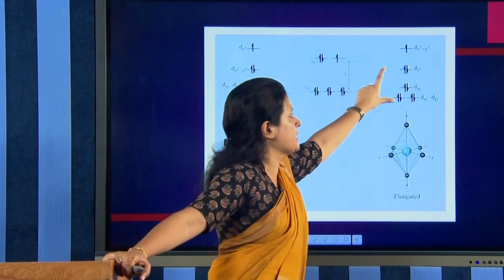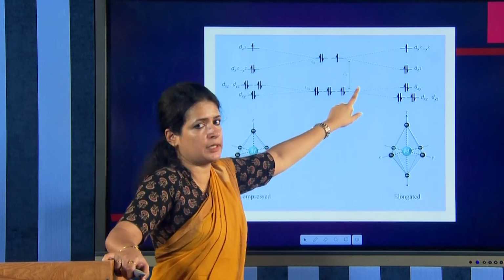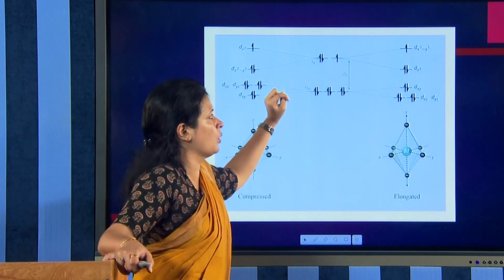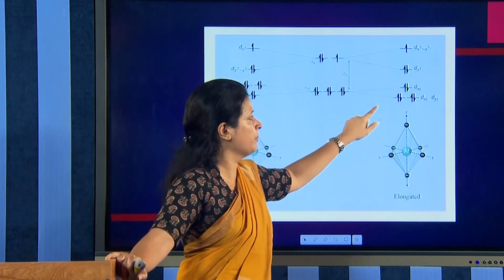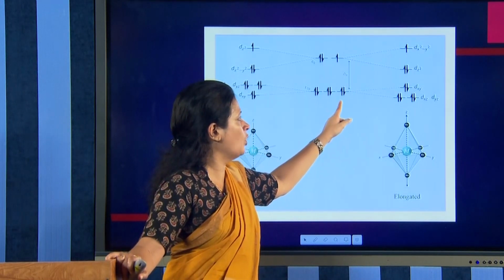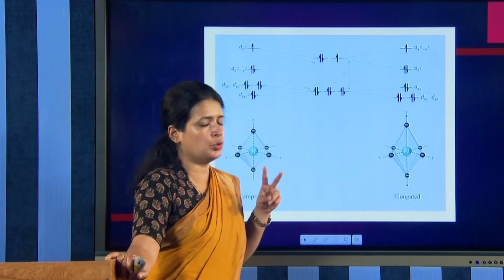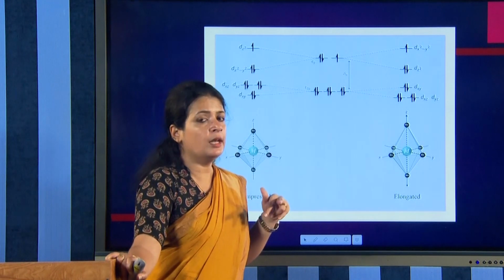The first situation is like this. If the third electron is moving to the dz square orbital, the arrangement will be like this. See this, for the T2g orbitals in the tetragonal case, we have 2 types of complexes, that is tetragonal elongation and tetragonal compression.